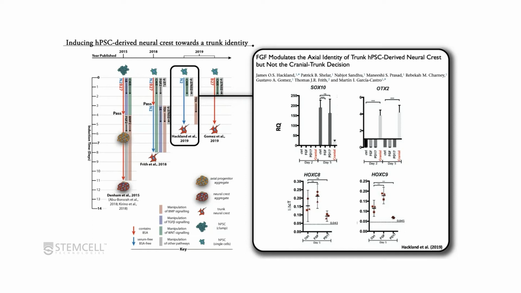If I draw your attention to the left-hand one, where SOX10 expression is represented, on the right-hand side on day 5, you can see that in the control group, which is just the standard trunk neural crest differentiation protocol, and in the PD17 group, which is when cultures were treated with the FGF inhibitor PD17, there isn't a significant difference in SOX10 expression.